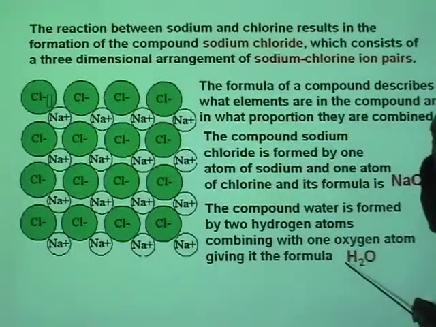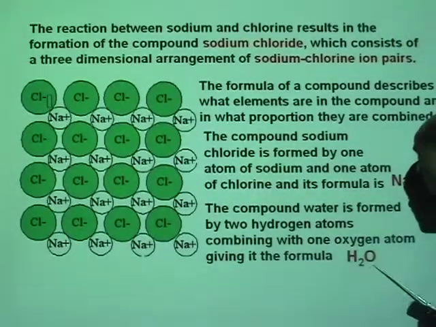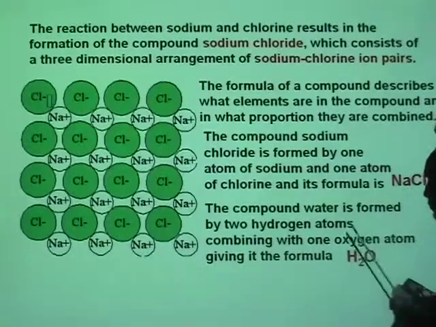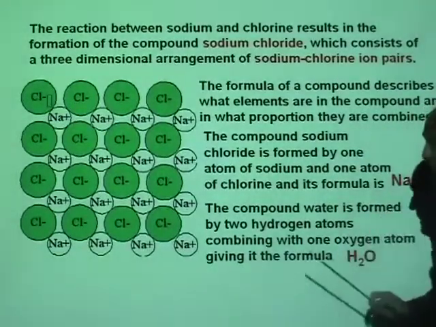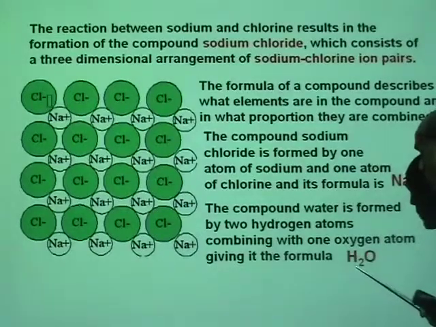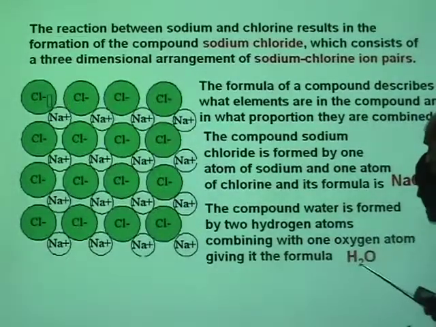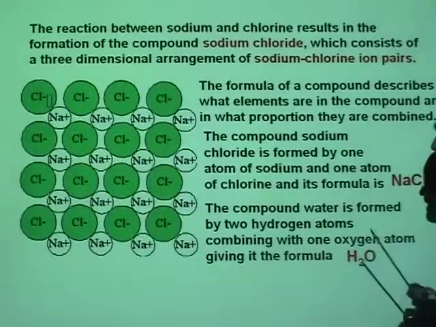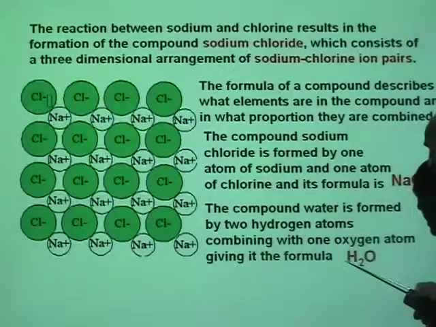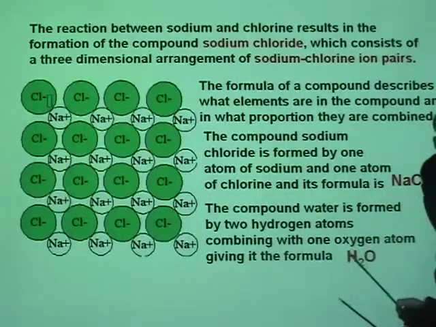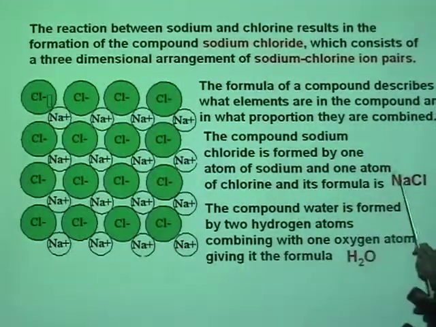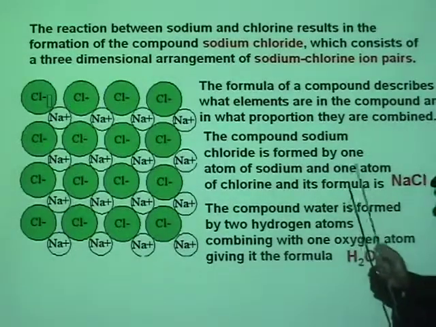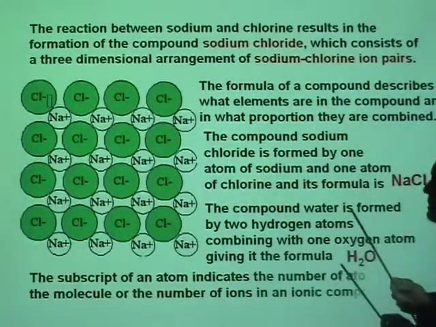So this formula tells you that in the case of water, H2O is called a molecule. A water molecule is made up of two hydrogen atoms and one oxygen atom. And this is the chemical formula for the compound water. And this is the chemical formula for the ionic compound sodium chloride.